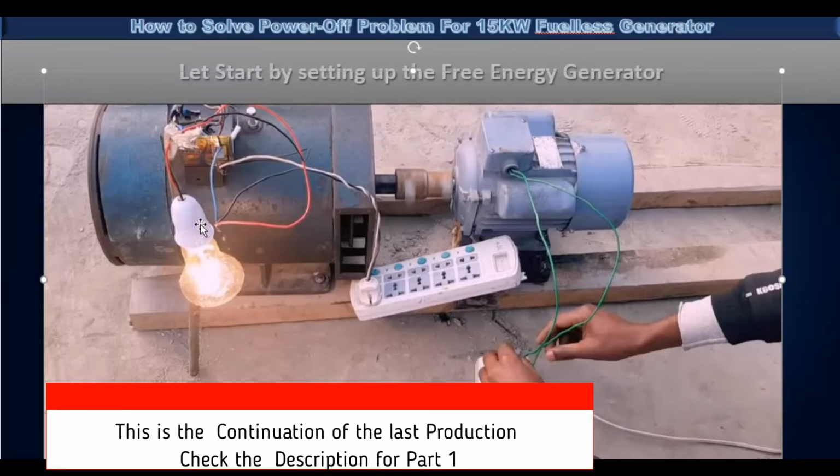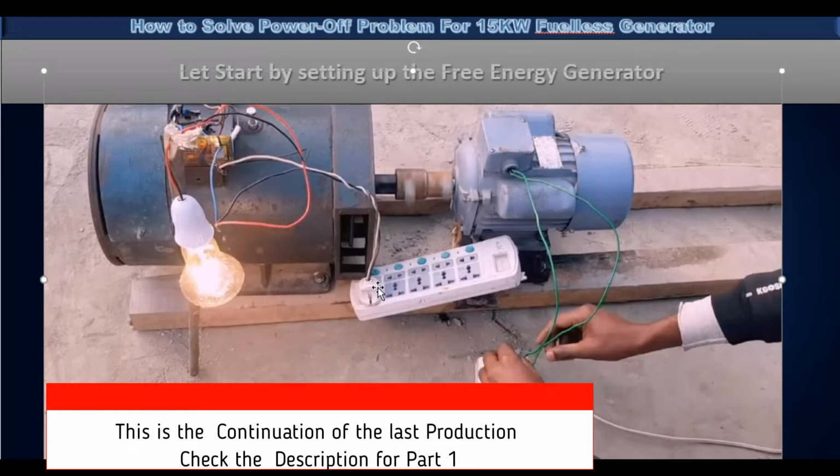The bulb will indicate that there is current in this now. So that's why it lights. And this plug now has been plugged in, which shows that the voltage from the generator has been transferred to the socket. That is the simplicity about it.